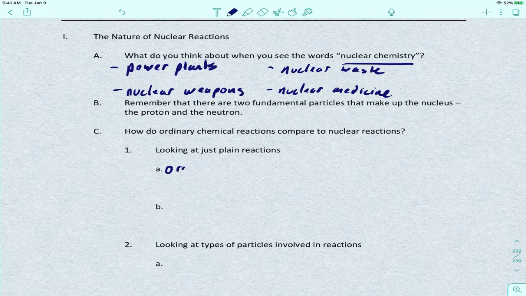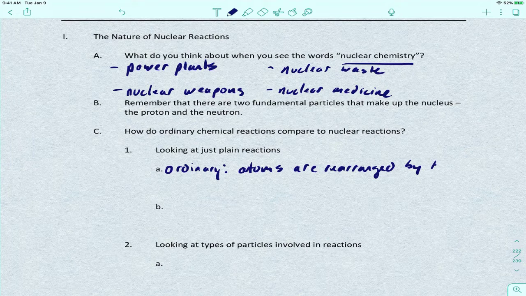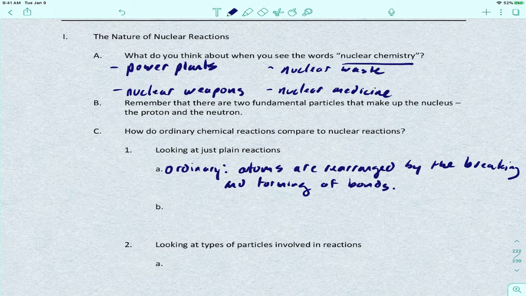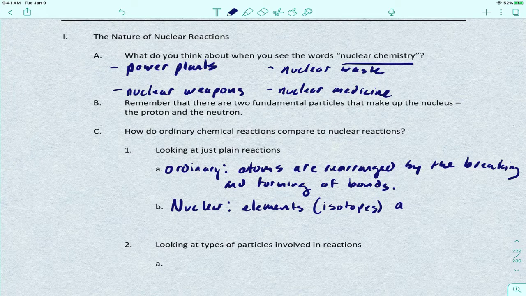Looking at plain reactions, for an ordinary reaction, atoms are going to be rearranged by the breaking and forming of bonds. For a nuclear reaction, it's the elements, or more specifically, isotopes, that are converted from one to another.